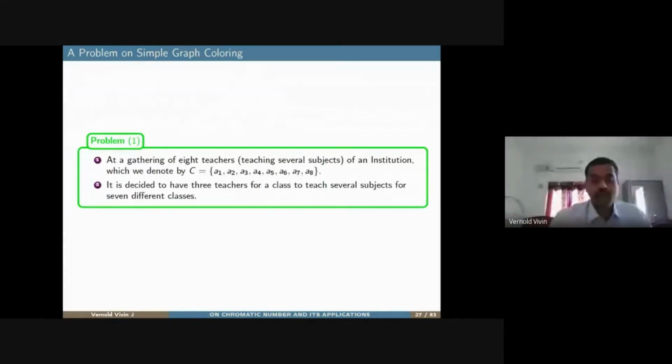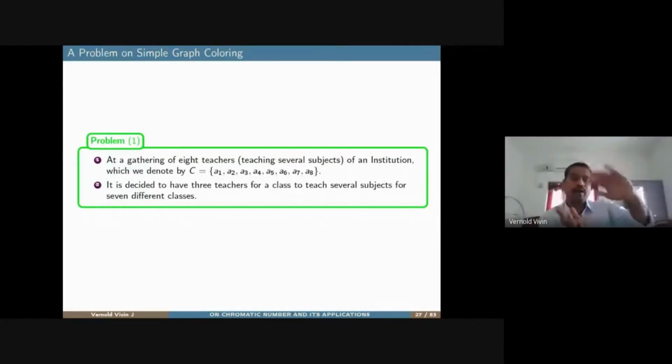8 teachers are there. The next condition is that it is decided to have 3 teachers for a class to teach several subjects for 7 different classes. So here we have 7 classes. We are going to conduct 7 different classes in the morning.